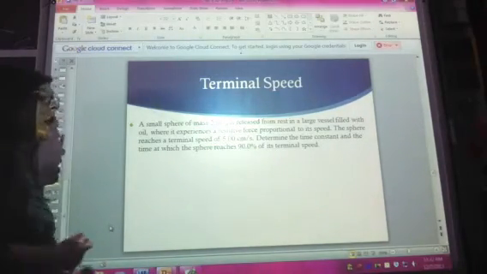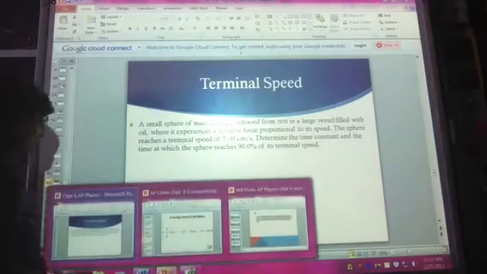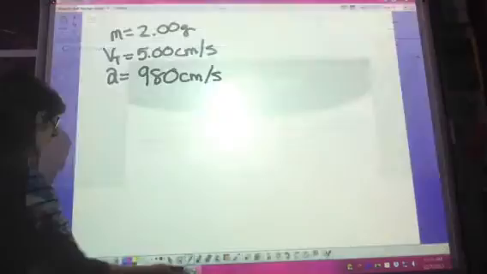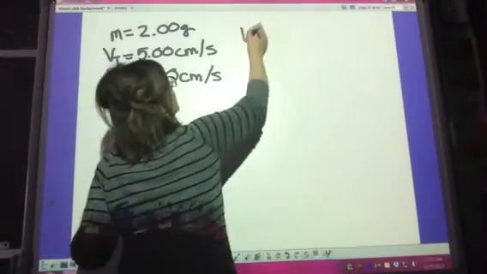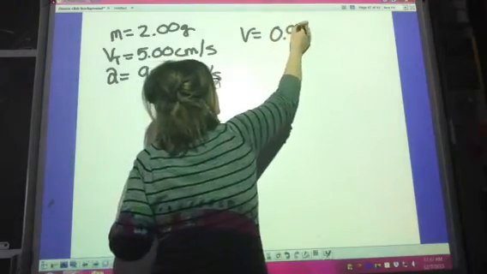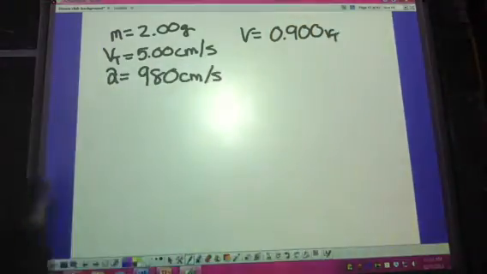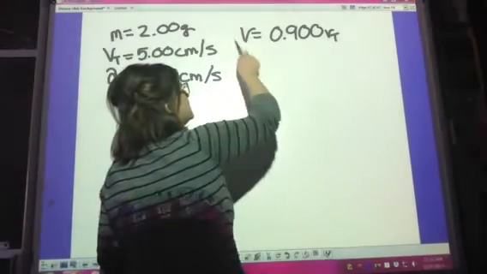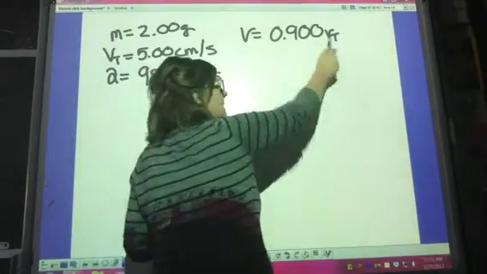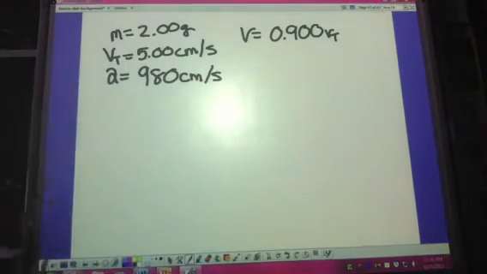So another speed that we're probably going to have to use is when we're at 90% of our terminal speed. So I'm trying to find the time at which I have a speed equivalent to 90% of that terminal speed. So I can also write that expression up there as well.